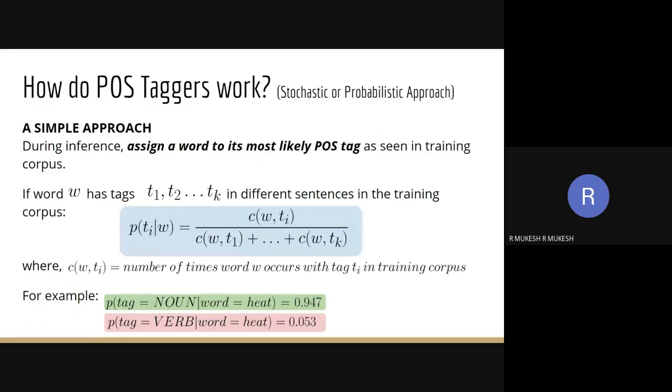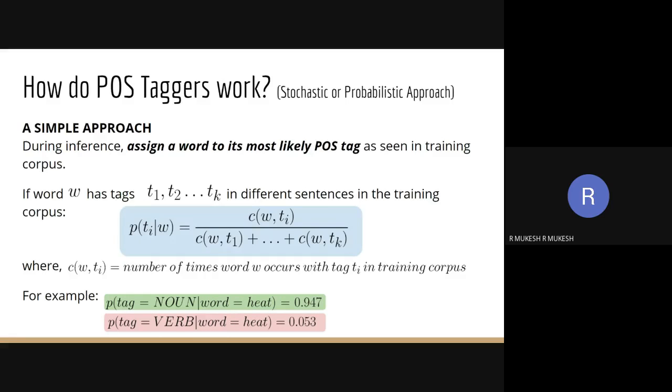So this is the simple approach I was talking about. I'm training a model that has to parts of speech tag a new sentence that I have not seen, so I assign the tag that is most commonly used for that particular word.